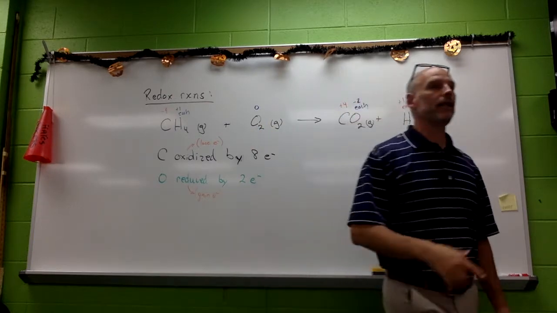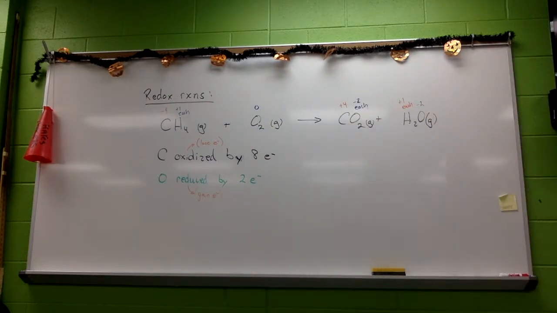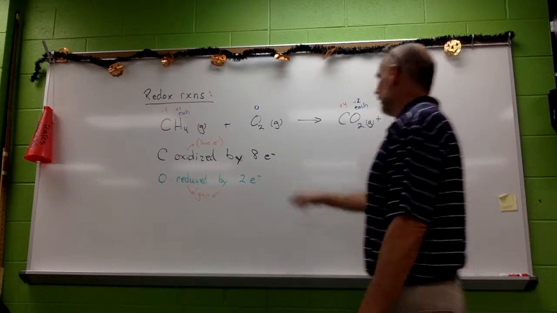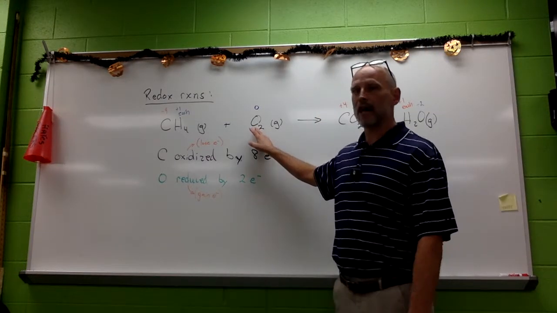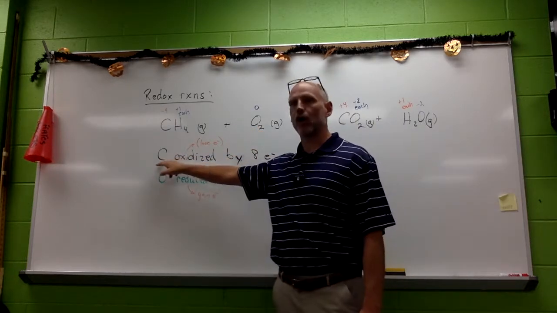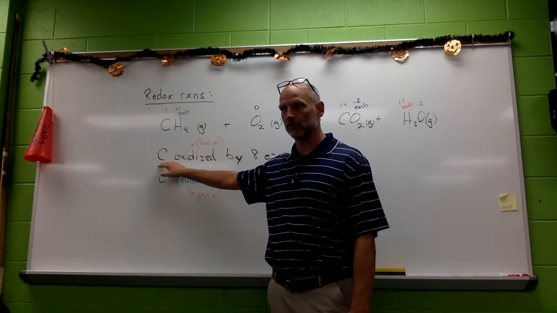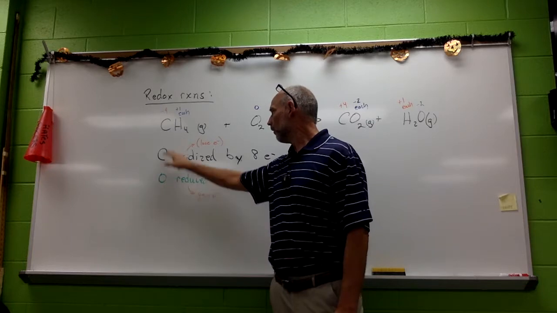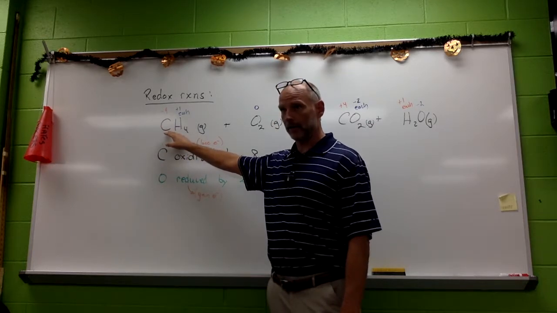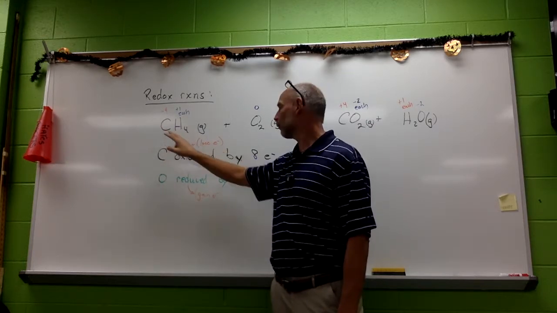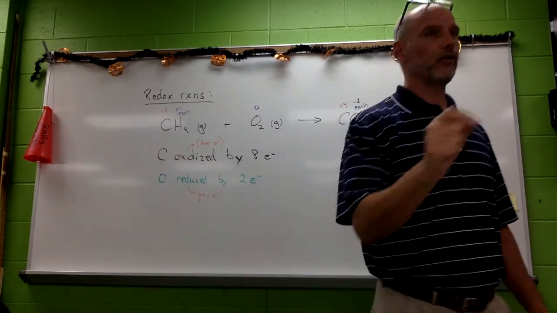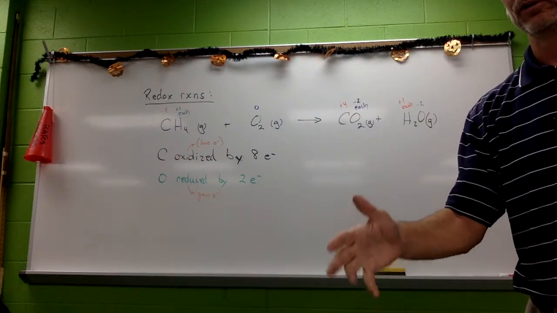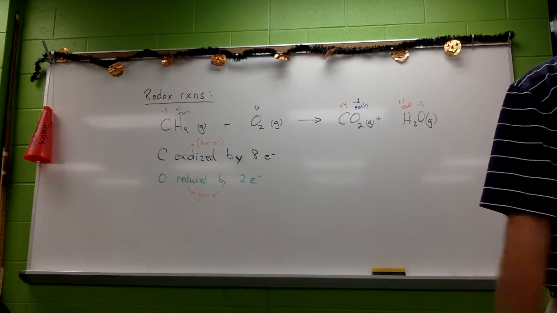So the oxygen would be the oxidizing agent. By the way, this is where the word oxidation comes from, because anything that reacts with oxygen is going to oxidize. So the oxygen is the oxidizing agent because it caused carbon to oxidize. The carbon, on the other hand, is the reducing agent because it caused oxygen to reduce.